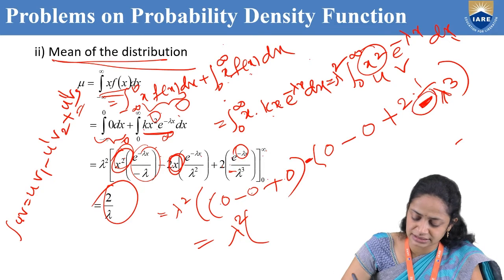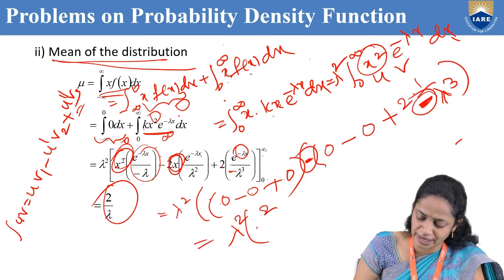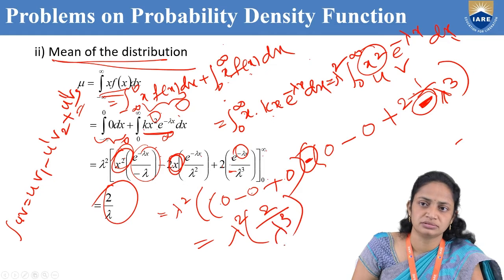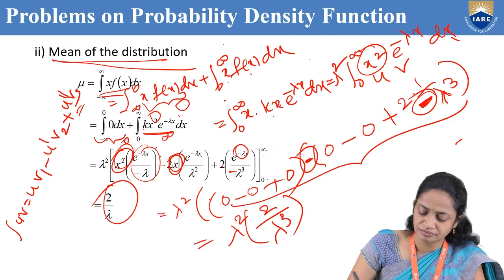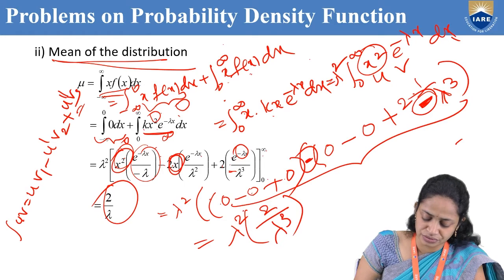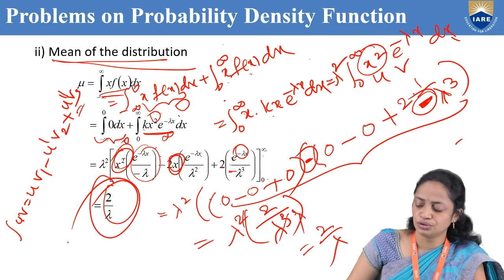Minus into minus is plus, so that is 2 by lambda cube. That is lambda, so 2 by lambda. So the answer is 2 by lambda.